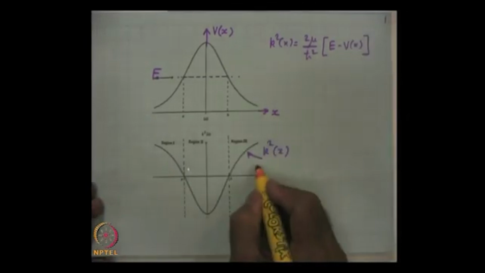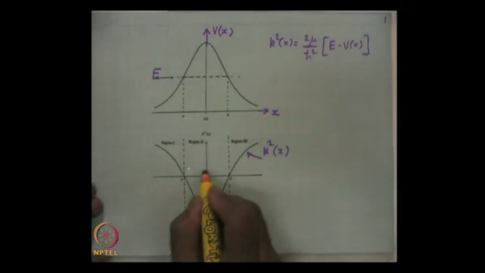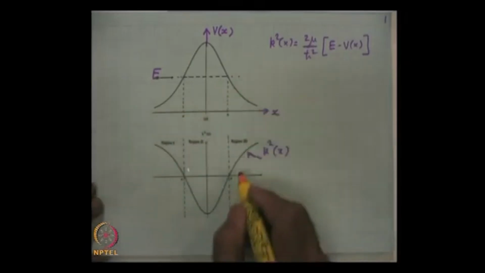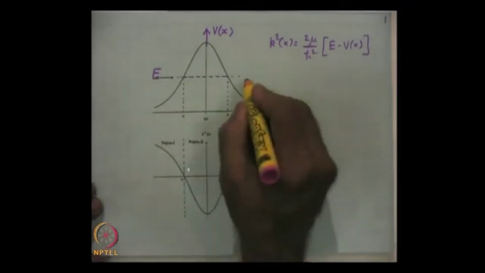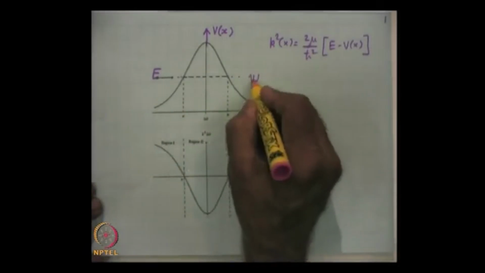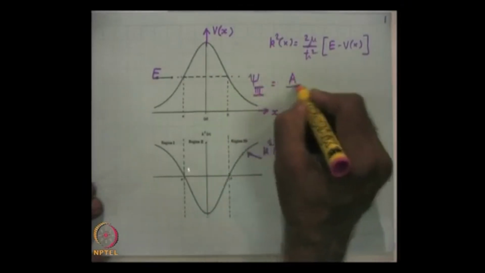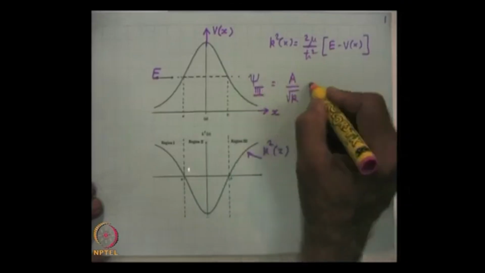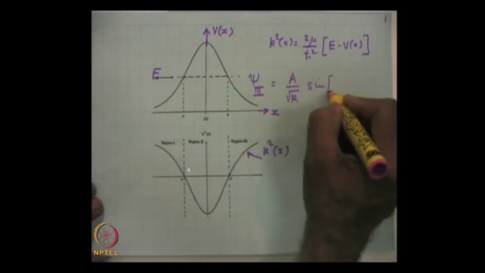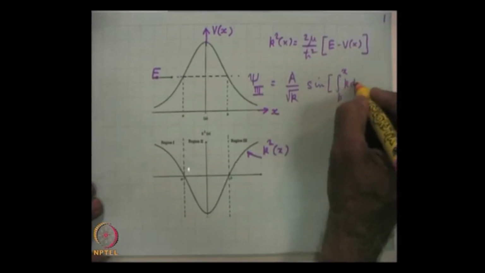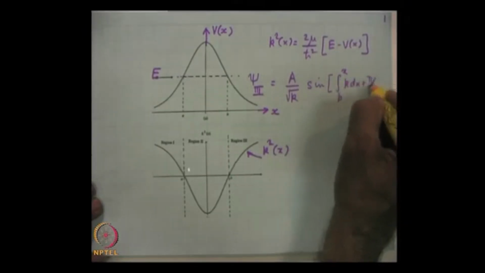So, here you will have oscillatory solution, here you have exponential solutions, and here you have again oscillatory solutions. So, what we did was in region 3 we wrote down a solution like this: A by root k sine of integral b to x k dx plus pi by 4.